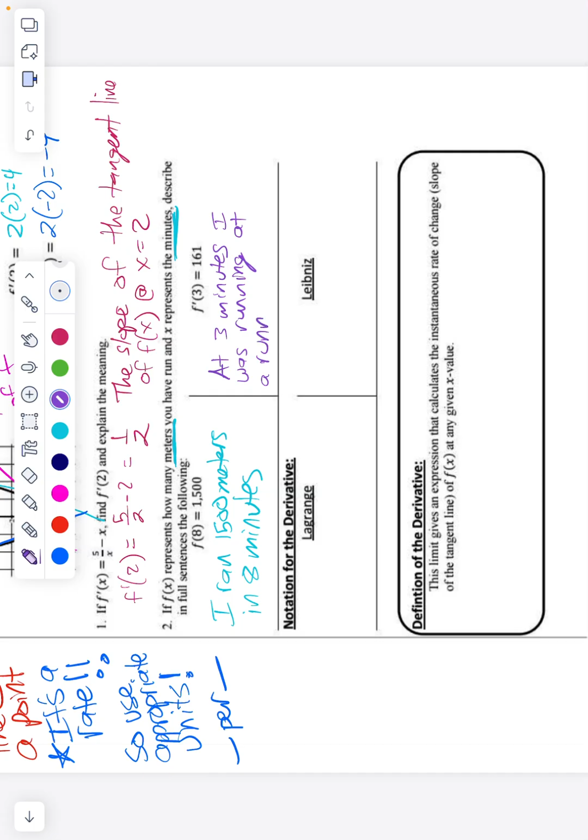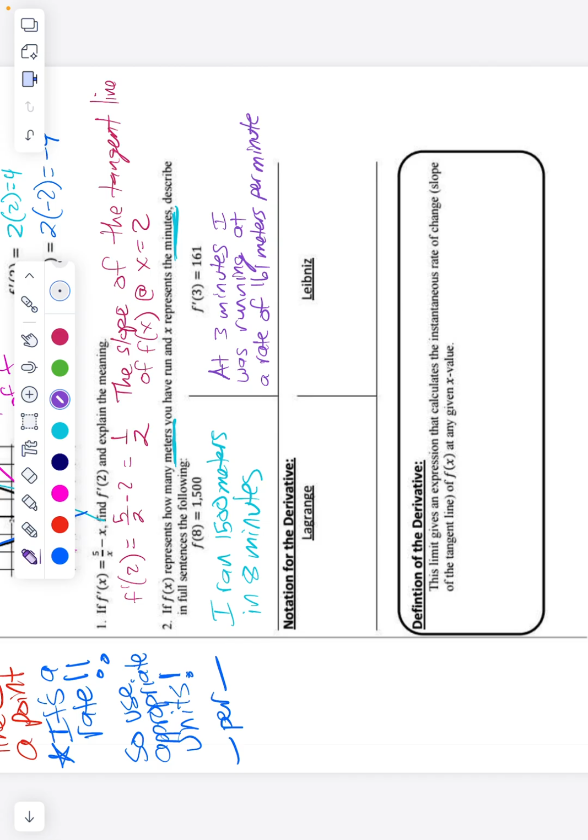We should think about if that's a realistic number. 161 meters per minute. There's the units. Nice. Let's see. 161 meters would be 500 feet in a minute.